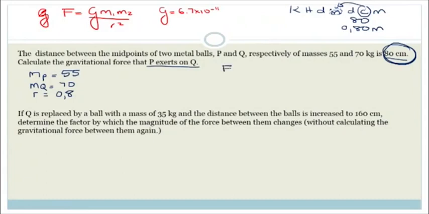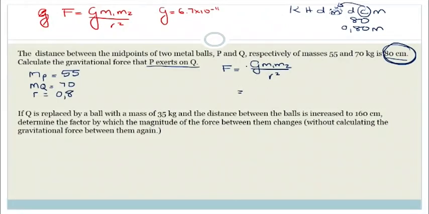So we go F is equal to, now I've written the formula over there. Always write down your formula when you are doing your problem, okay? It is nice for the teachers to see that, A, you know which formula or equation you're using. Secondly, if you just go onto the next line and you make a mistake when you are substituting in, you can't get a method mark.